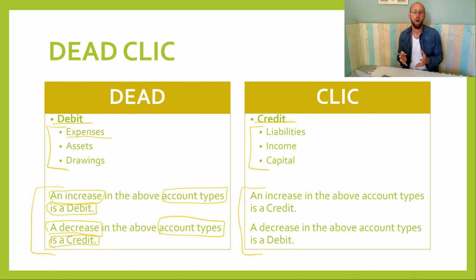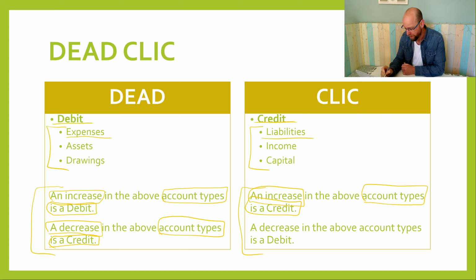Likewise, when you come to the opposite side, if you've got a liability account, liabilities is a credit, so an increase in a liability is a credit, and a decrease in the liability is a debit.